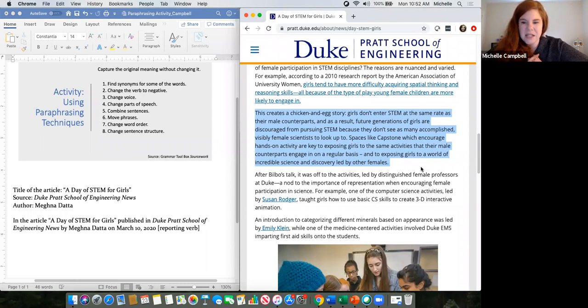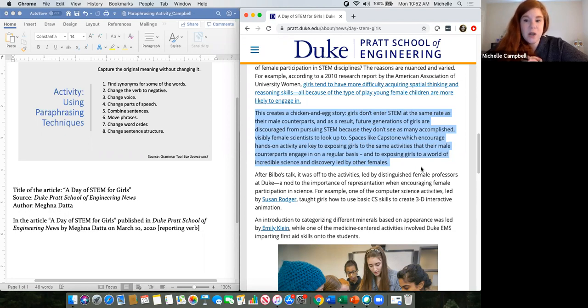And it says to exposing girls to a world of incredible science and discovery led by other females. So the result of these activities are to kind of show girls that there are other females doing this kind of work that they don't normally see.